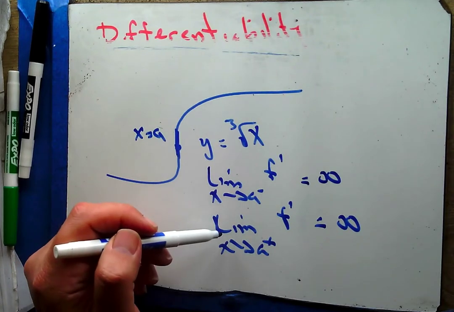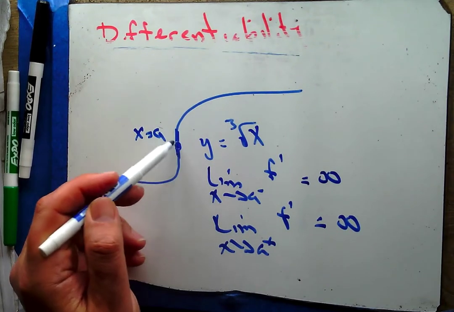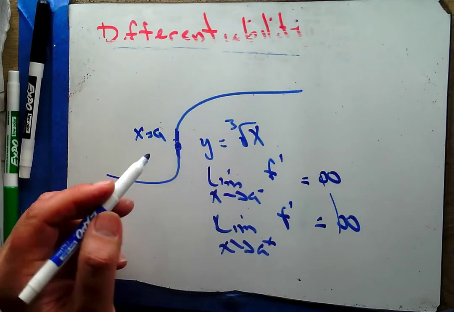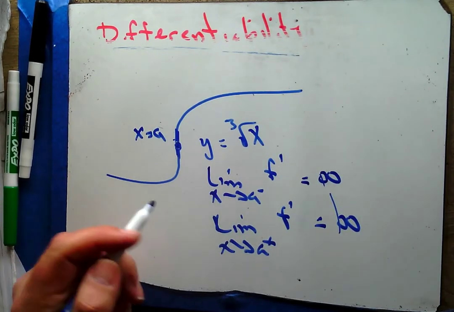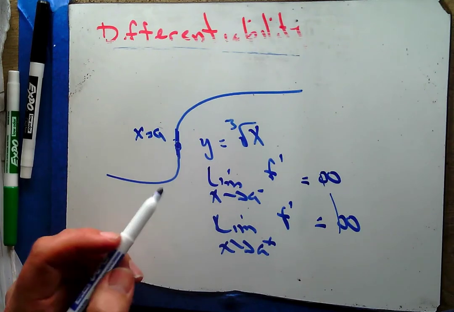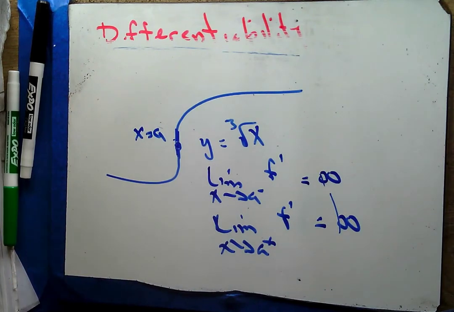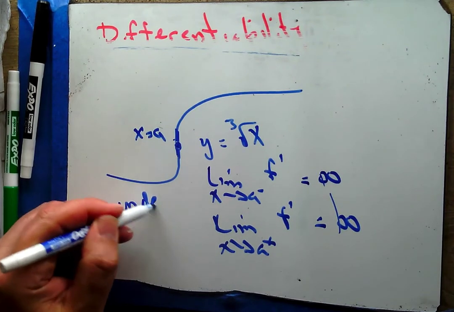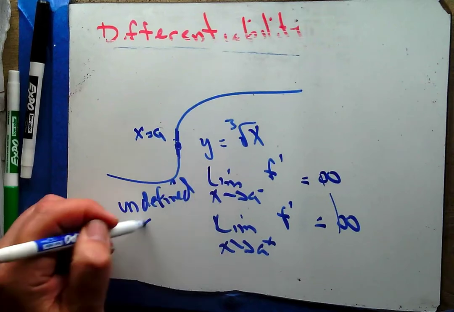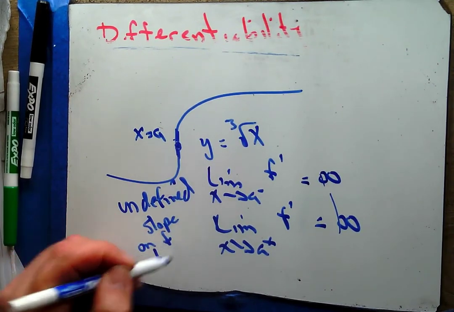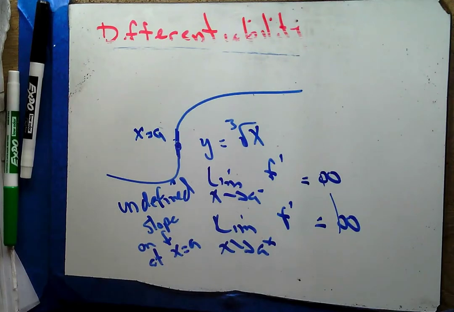You could make the argument that you should be able to take the derivative here because these are approaching the same value and the function is continuous. And sure, except that I can't take the derivative of a vertical line. So I just have to know that this is an undefined slope on f at x equals a.